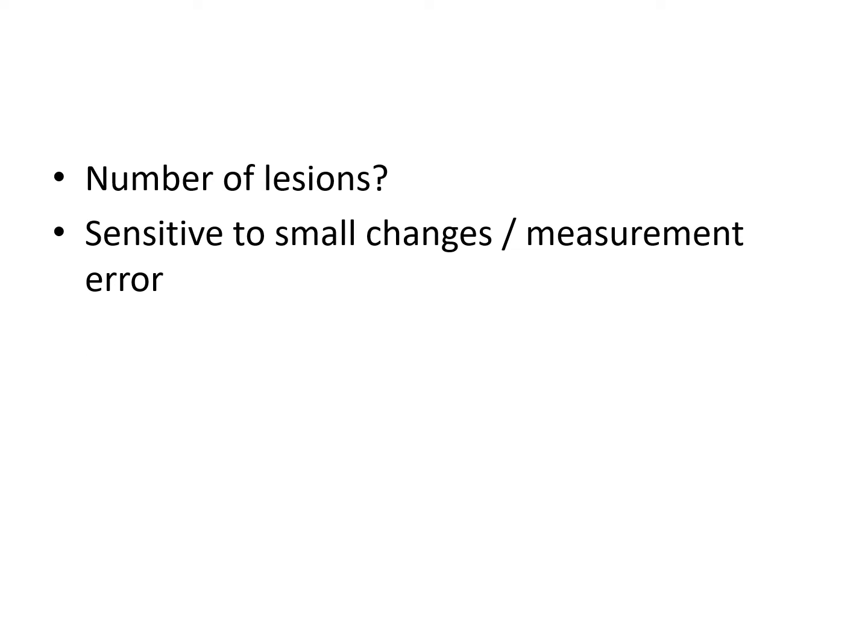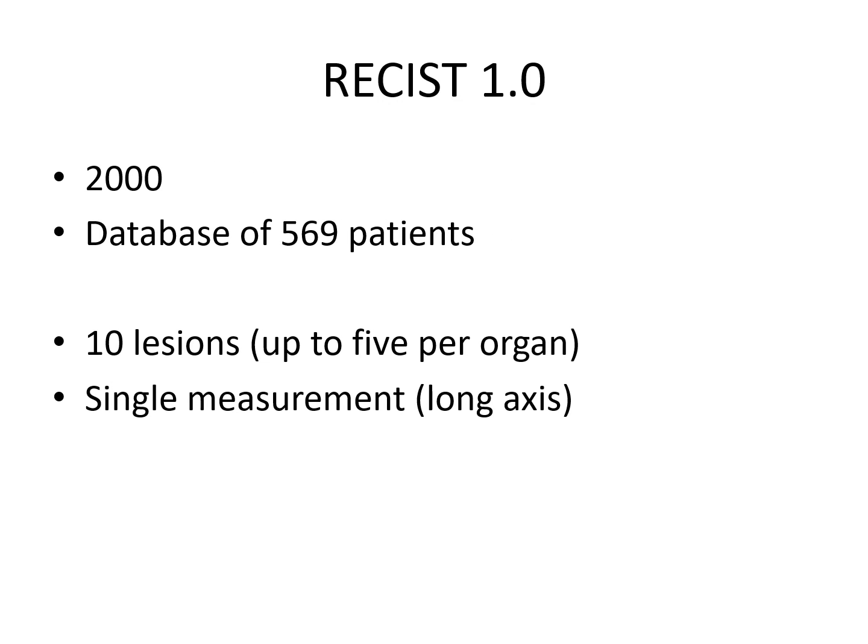Some details were not clarified. How many lesions should you measure? And it's also very sensitive to small changes, which leads to inaccuracy. To correct this, they then developed RECIST 1.0, which was done in around 2000, and they started with a database of patients.